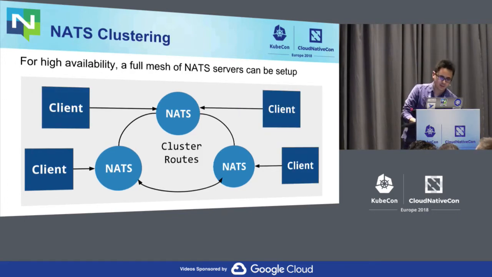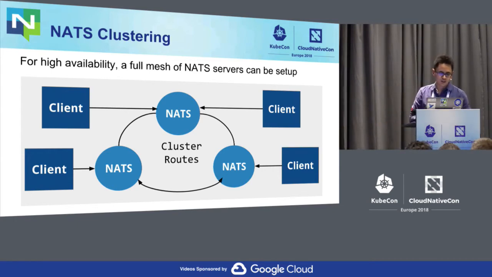For high availability, you need to set up the NATS servers in a full mesh, one hop setup. And a NATS client only requires being connected to any node that is part of the cluster, right?